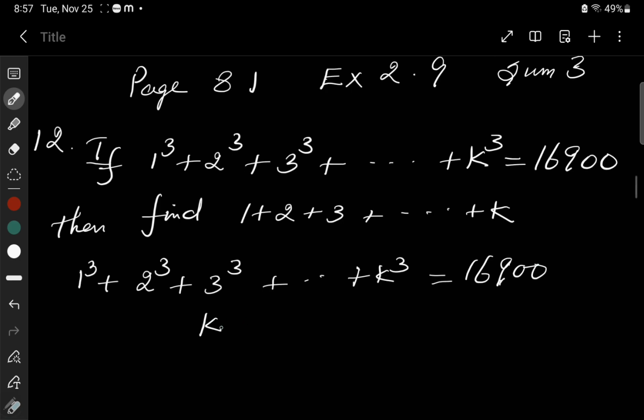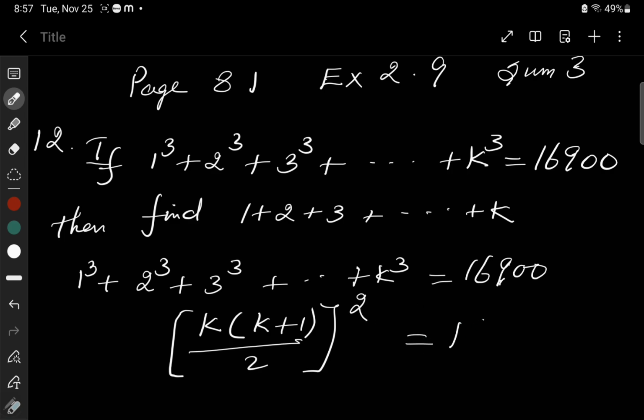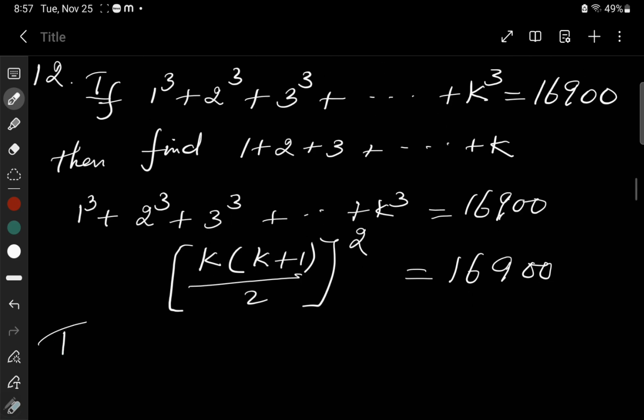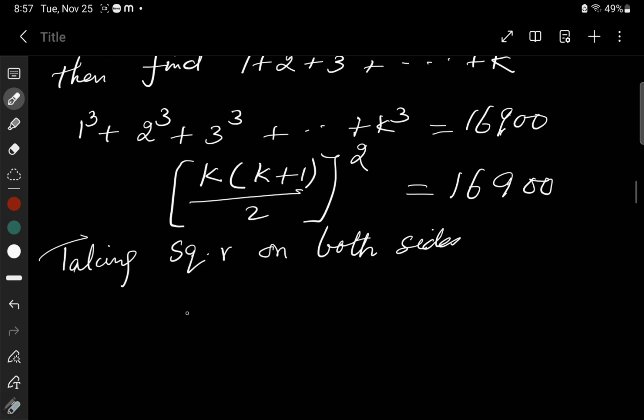The actual formula for this is k into k plus 1 by 2, the whole square. k into k plus 1 by 2, the whole square, is equal to 16,900. Taking square root on both sides, k into k plus 1 by 2.